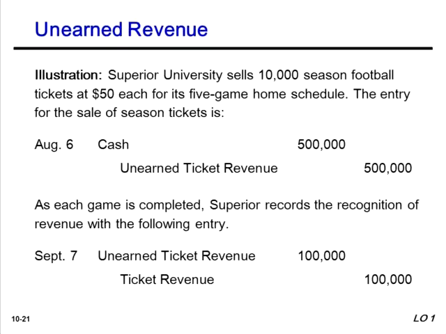Debit unearned ticket revenue, credit ticket revenue for $100,000. So if we go back, total amount they get up front is $500,000. There are 5 games, so for each game they would recognize $100,000. So $100,000 is removed from the liability of unearned ticket revenue and is transferred into the ticket revenue account, and then of course each time that's done there'd be an additional $100,000 recognized as revenue.